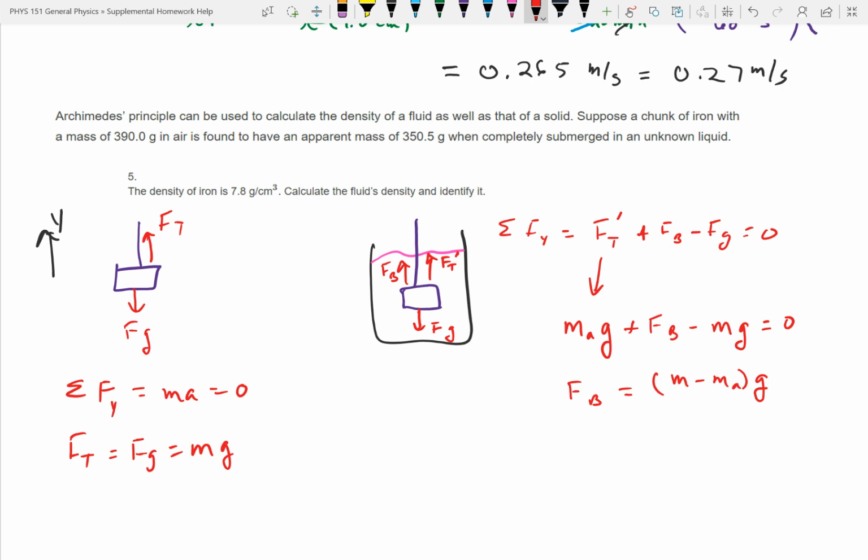But what is the buoyant force? Now we're going to start where most people basically started in solving the problem on the test. What is the buoyant force? Density times volume. Density of what? Not of the object. Density of the fluid times the volume displaced times g.